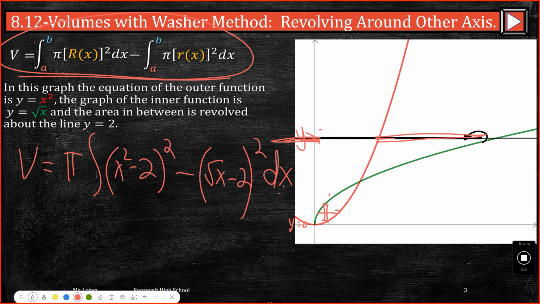Let's see what we are getting with this. Oh, it's still, because we're doing dx again. This is 0 to 1 still.